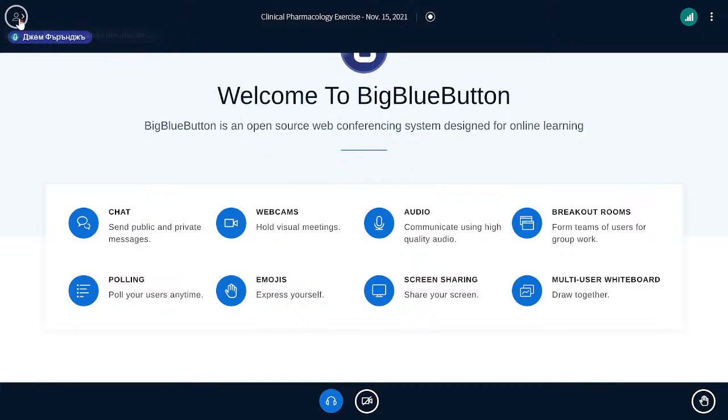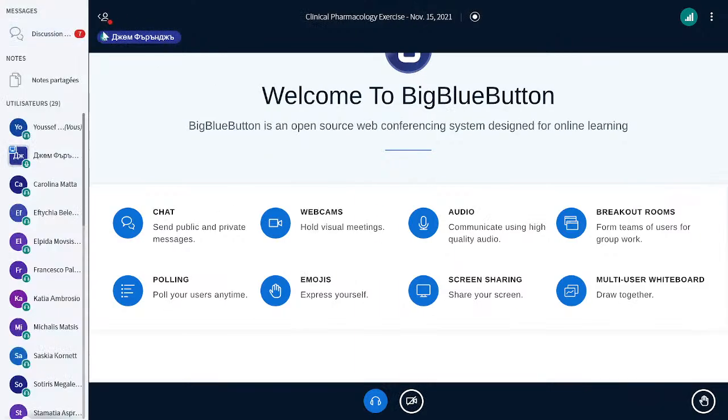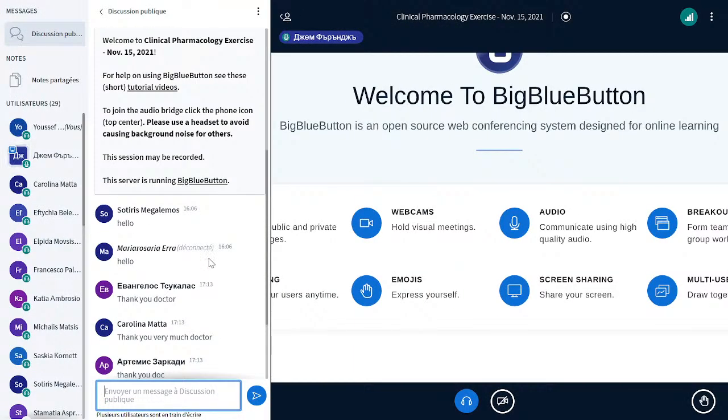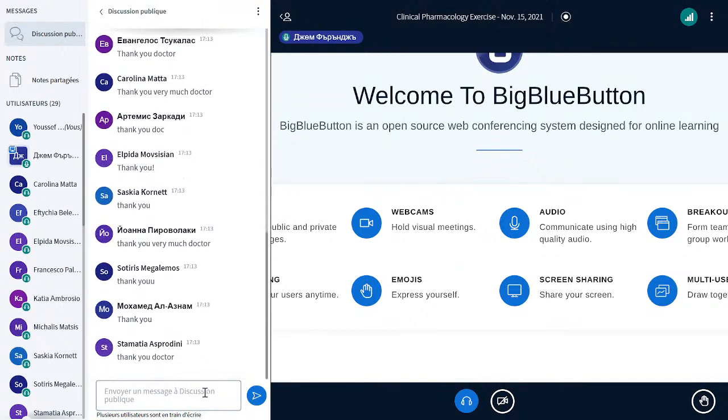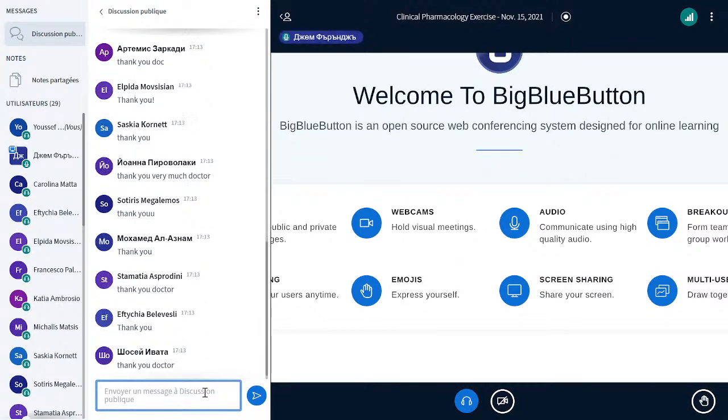For the next exercise, I see that I am now in the clinical pharmacology group. So for the next exercise, you can look for the clinical pharmacology, not the internal medicine from last year, as was the case for today.